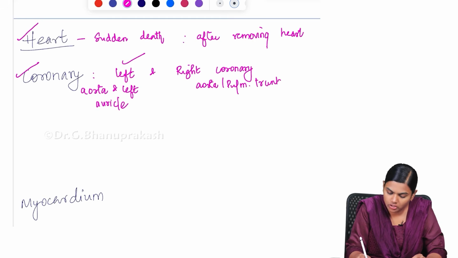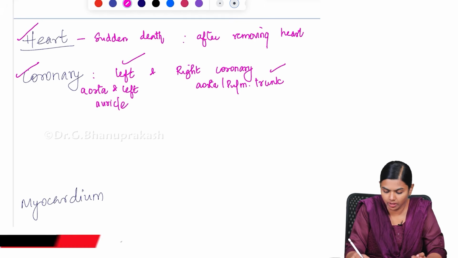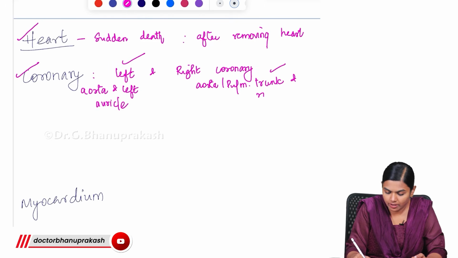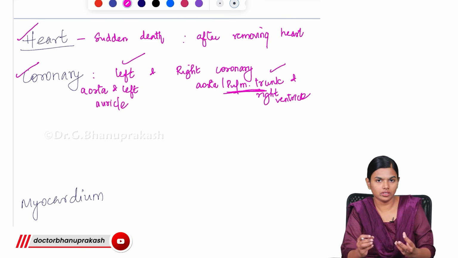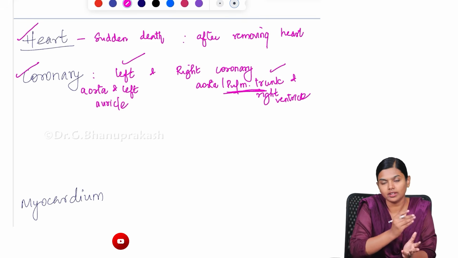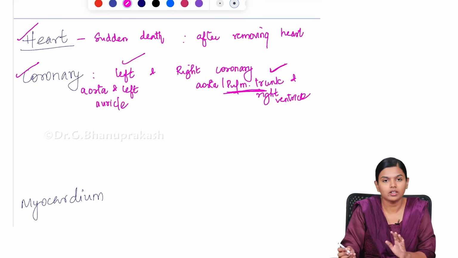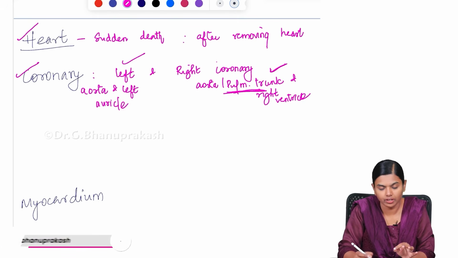Mostly along the region of the pulmonary trunk you will be seeing, and right ventricle. Like where you have the pulmonary trunk, that origin, and between that right auricle and that pulmonary trunk, you will be seeing this origin of the right coronary artery.